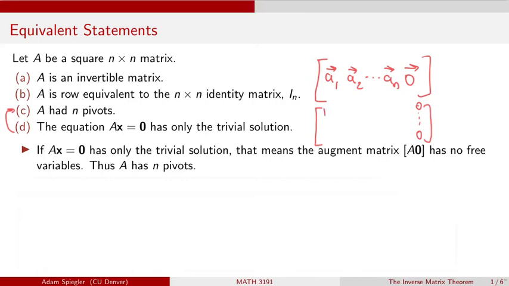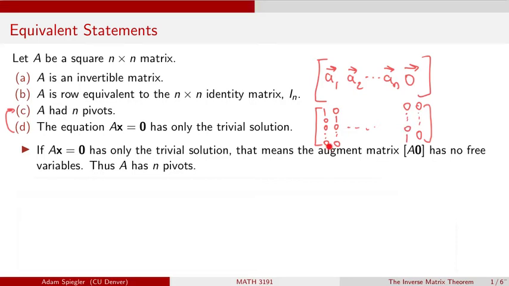But we can reduce this matrix. If we're assuming that this equation AX equals 0 has only the trivial solution, then that tells us we have a pivot in the first column. This would tell me that x1 is equal to 0. I must have a pivot in the second column, since we know that the trivial solution is the only solution, so x2 is going to have to equal 0. We would do this on and on, all the way over.